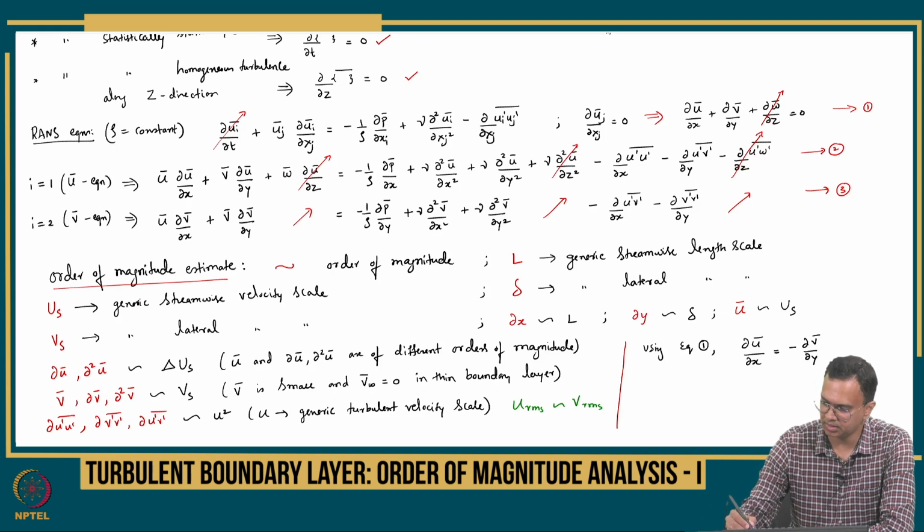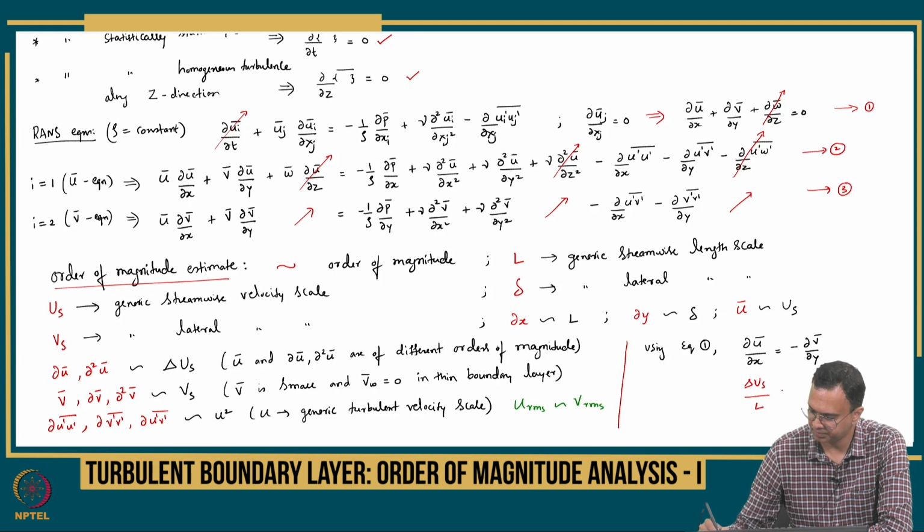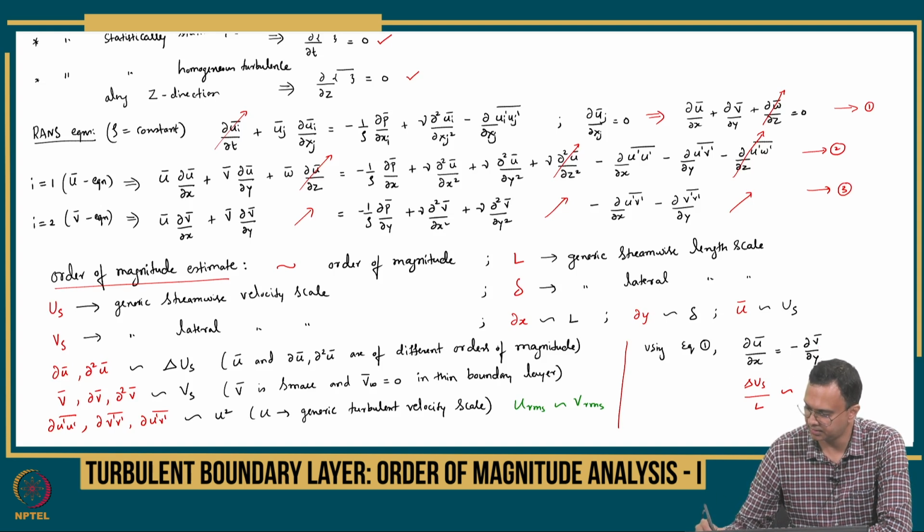So I can simply say that ∂U bar, with a scale of Us delta by L, is of the same order of magnitude as ∂V bar, that is Vs, a generic velocity scale, over delta. I am just putting in the scales that I have already taken.